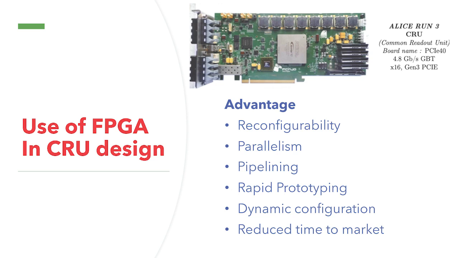Now the advantage of using such an FPGA-based architecture in high-energy physics, for those who are new here, is because of the reconfigurability, parallelism, and pipelining. It allows you to rapidly prototype the system, with dynamic configuration, and also reduces time to market.